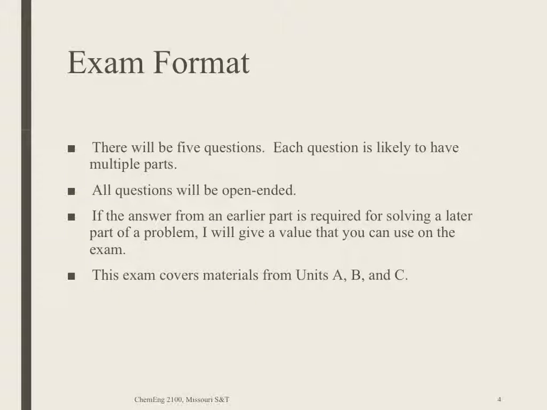So I will tell you to use the value of the answer in part A as 5, not what the real answer was, and then I'll have you work part of the problem. So there won't be a growing problem just because you couldn't do the first part of the problem.